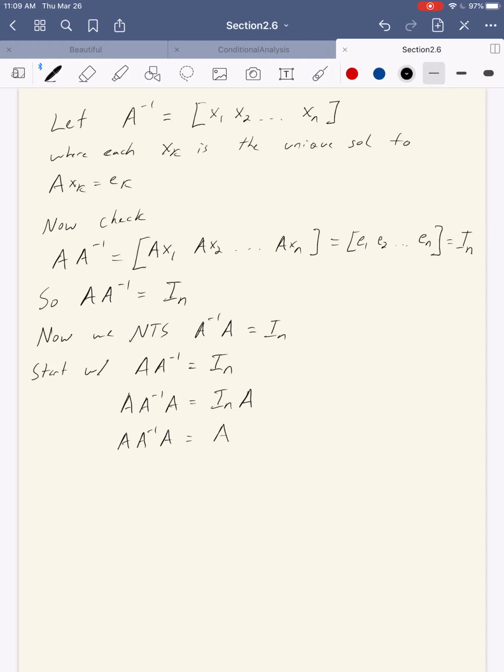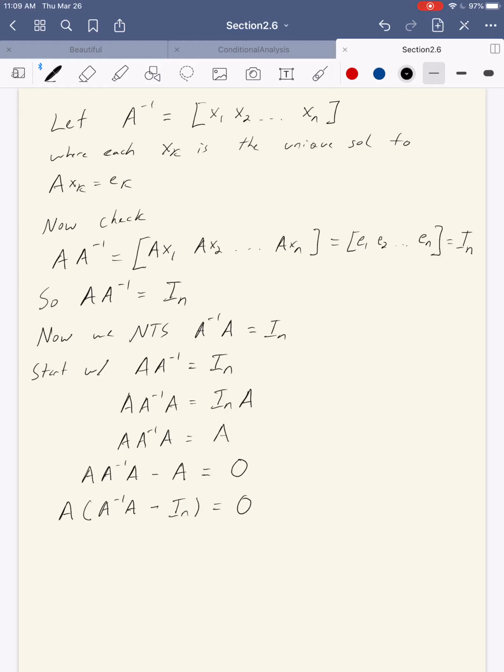Now what we're going to do is bring this A to the other side. So we've got A inverse A minus A is equal to 0. Now let's factor an A out of this. We can rewrite this as A times (A inverse A minus the identity matrix).